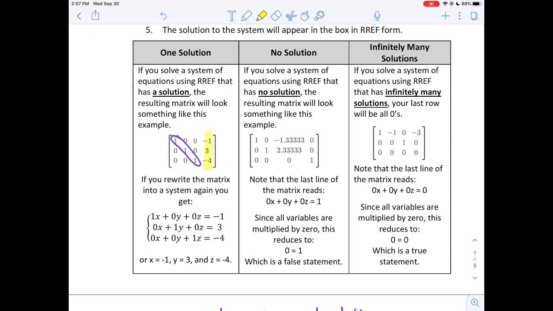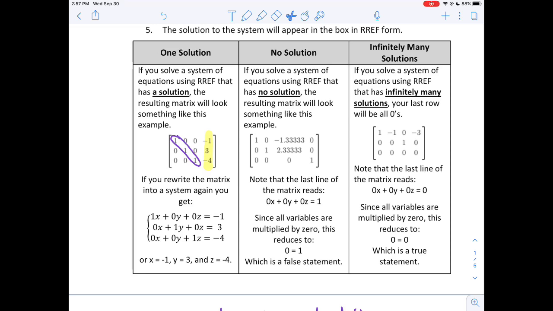Because when we rewrite the matrix, putting back in our x, y, and z values, you can see that we have 1x is equal to -1, we have 1y is equal to 3, and 1z is equal to -4. So our ordered triple would be (-1, 3, -4).